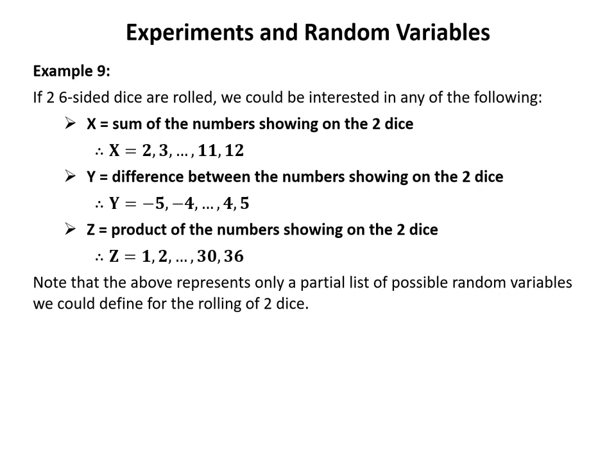Now, if we define a third random variable here, z equals the product of the numbers showing on the two dice, this one works a little bit differently. The minimum value is 1, which results from 1 times 1, and the maximum value is 36, which is 6 times 6. And then not all integer values in between are possible.